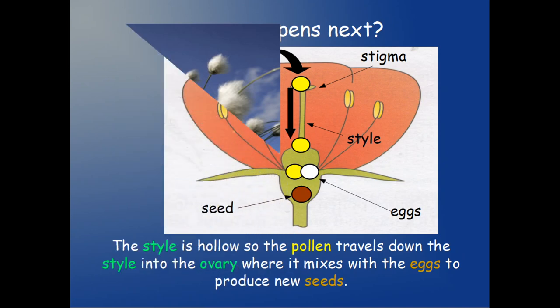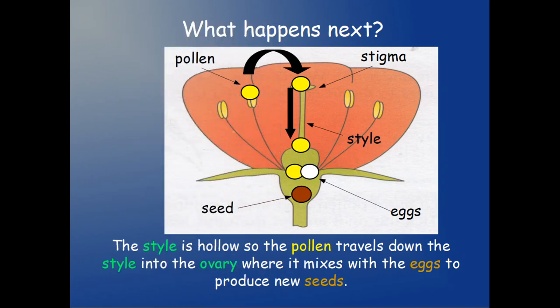Now, what happens next? What happens after the pollination? Well, remember the pollen goes from the anther to the stigma, and then it travels down through the style, alright? It goes down until the ovary.